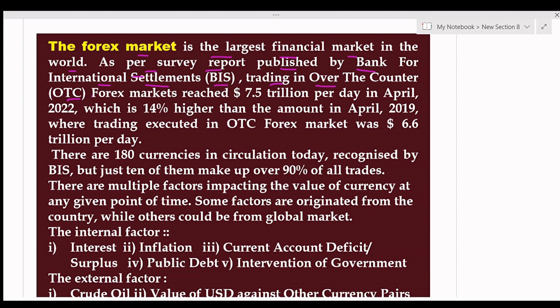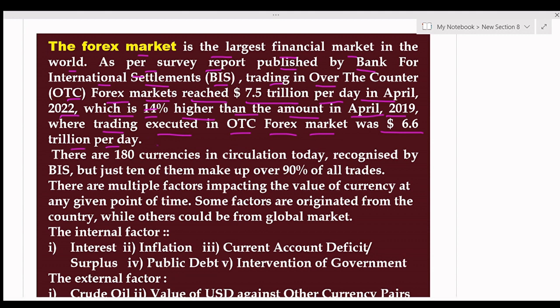It is not traded in an exchange platform. Now, trading in OTC foreign exchange markets reached $7.5 trillion per day in April 2022, which is 14% higher than the amount in April 2019, where trading executed in OTC foreign exchange market was $6.6 trillion per day.